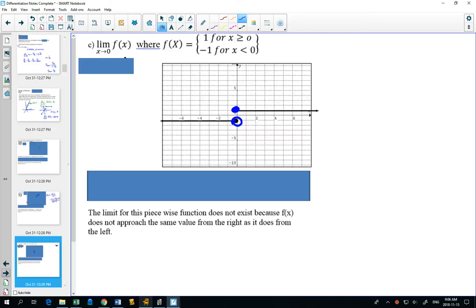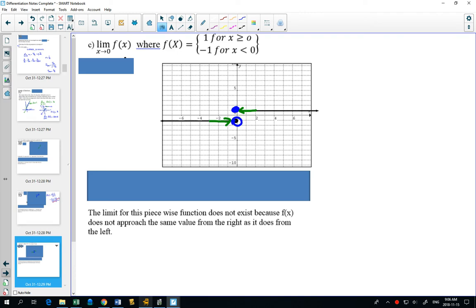And we want to find out what's the limit as x gets close to 0. Well, if we approach x as 0 from the left, we would say the y value gets close to -1. If we approach x as 0 from the right, we would say the y value gets close to 1.